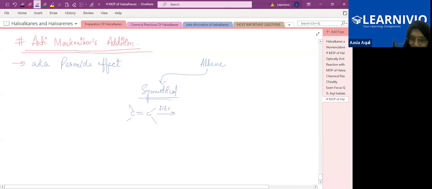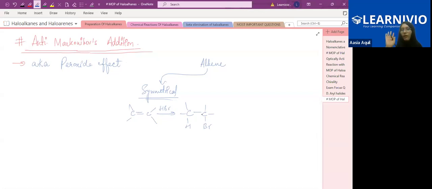You can attach the hydrogen on any of the carbon if it is symmetrical, and you will get this product. You can attach this bromine on this carbon also and hydrogen on this carbon also. So in the symmetrical one, it is very easy. You can attach the hydrogen and bromine to any of the carbon.